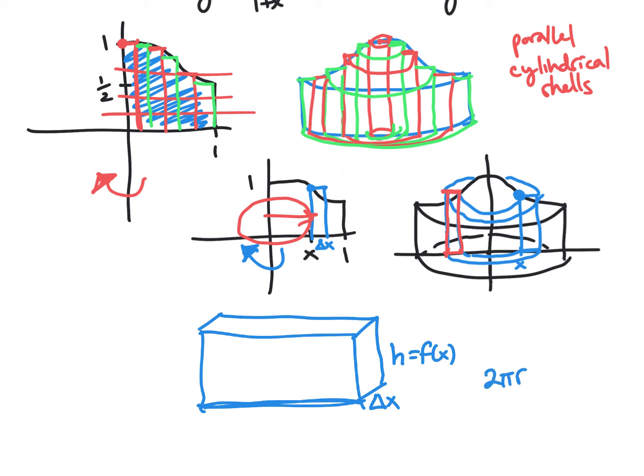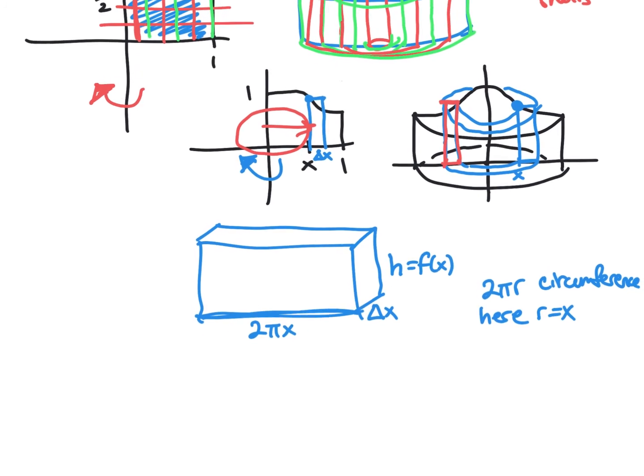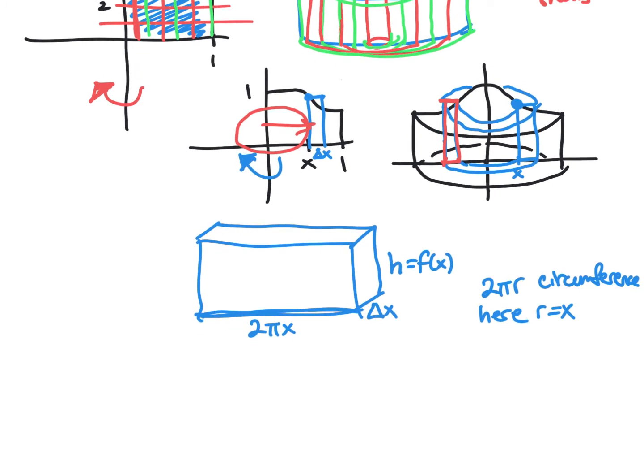It's 2 pi r, and here r is just going to be x, because that's how we drew this thing. So this should be 2 pi x. And thus, we know how the volume is calculated. We multiply these three things together: 2 pi x times f of x times delta x.